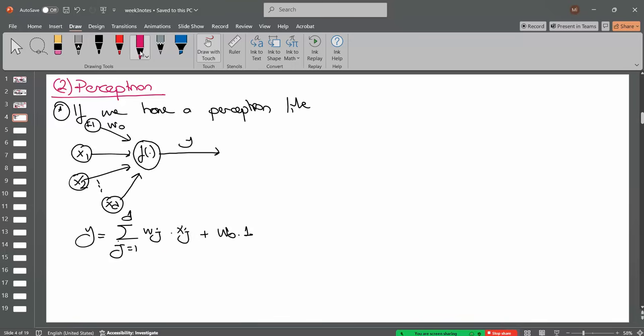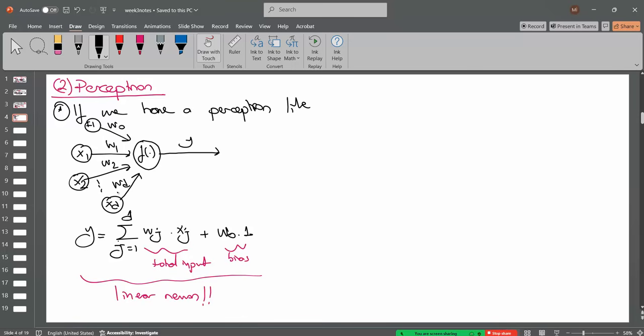This is called the total input. This is the threshold. In this case we utilize the linear function, because it collects all the terms in a summation, w1, w2, up to wd, and so we can generate the output.